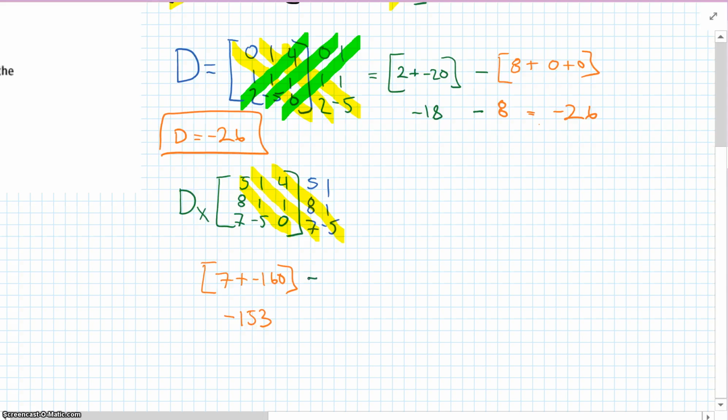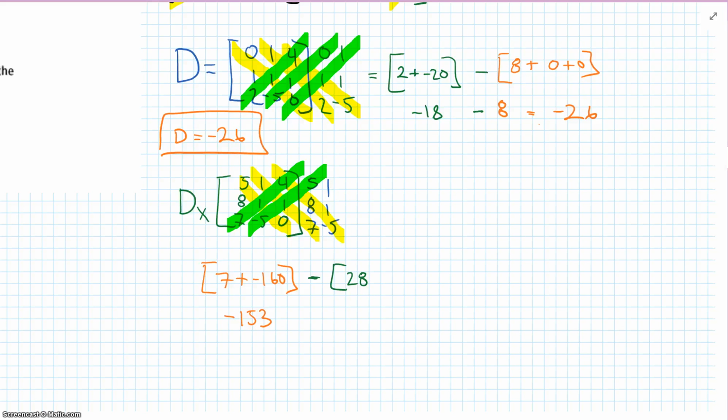All right, now subtract the products going the other way. So 7 times 1 times 4 is 28. Negative 5 times 1 times 5 is negative 25. 0 times 8 times 1 is 0. So that's going to be 3.